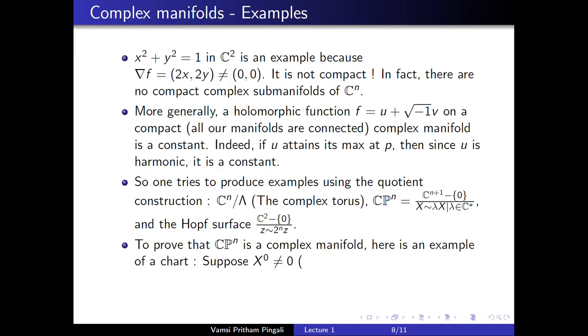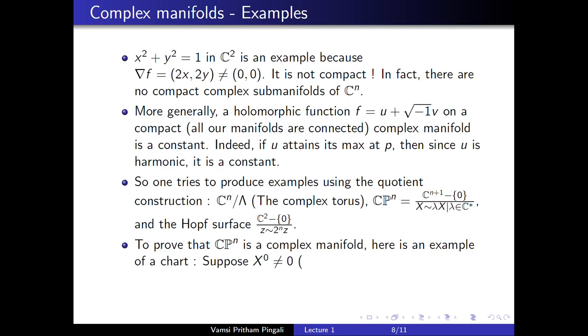So we return back to our extremely important example of CPn. To prove it's a complex manifold, you'll have to produce coordinate charts. Now I'm going to denote, this is standard notation, the coordinates on Cn+1 as x0, x1, and so on until xn.